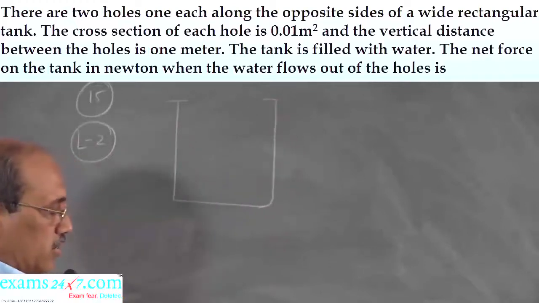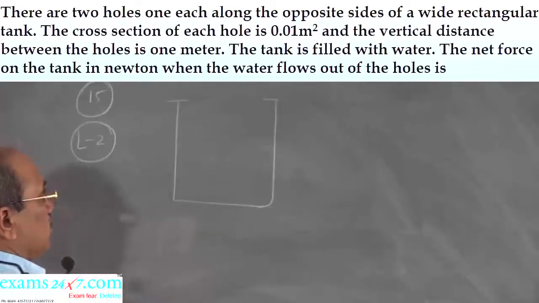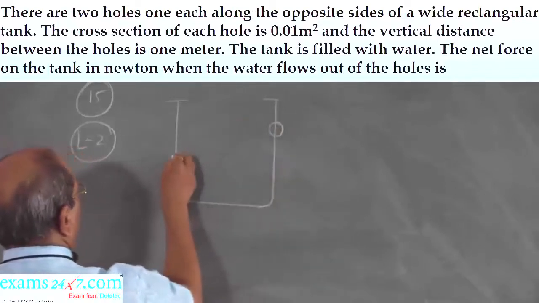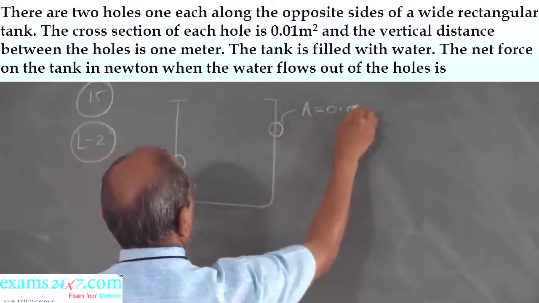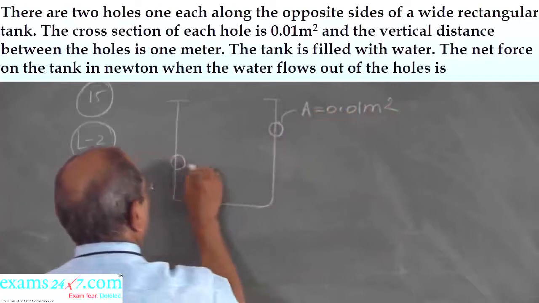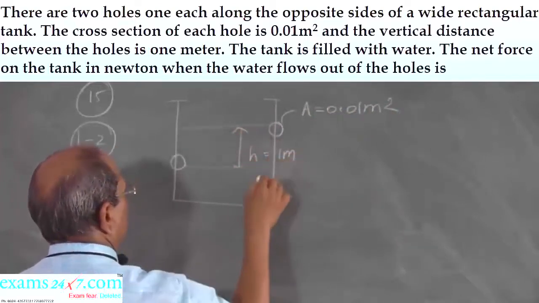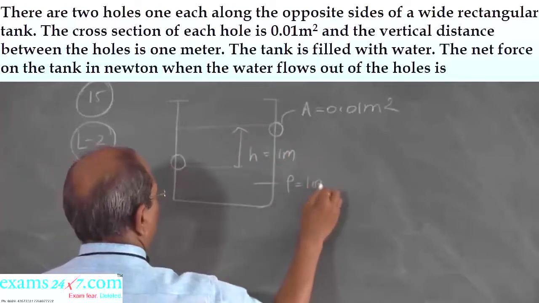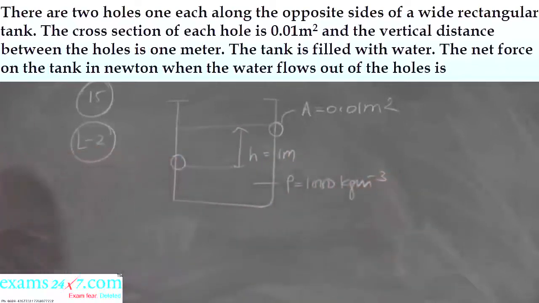Each hole has area 0.01 meter square. The difference between their heights is 1 meter. Water is 1000 kg per meter cube. The tank is filled with water.